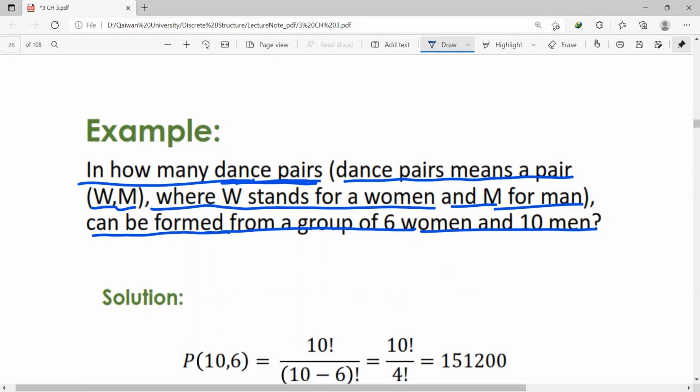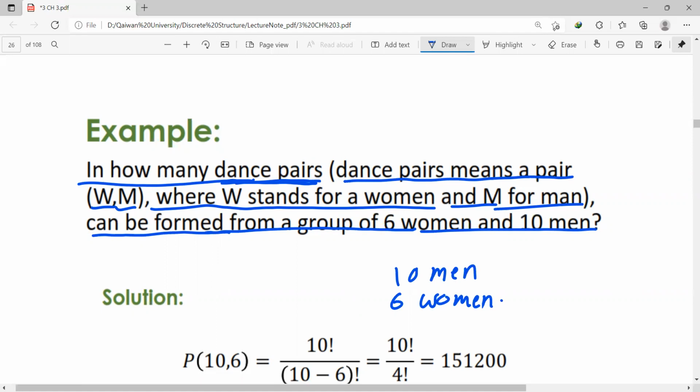Here we have 10 men and 6 women. So the number of women is less than the number of men.